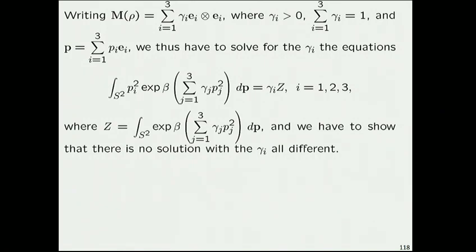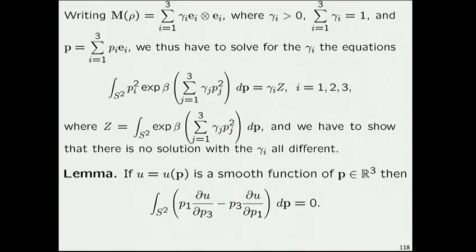So what else can you do if you're not going to use spherical polar coordinates? Well, the only thing that I could think of doing was to use some integral identity on the sphere. So here's a lemma, the key to doing it. If you have a smooth function u of P on the sphere, where u is a function of P in R3, so there's no doubt what these derivatives mean, then the integral over S2 of P1 du/dP3 minus P3 du/dP1 is 0.